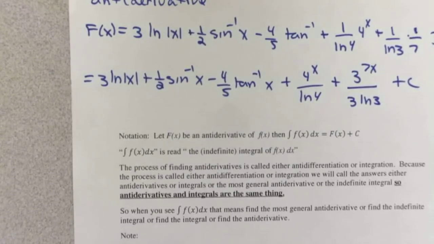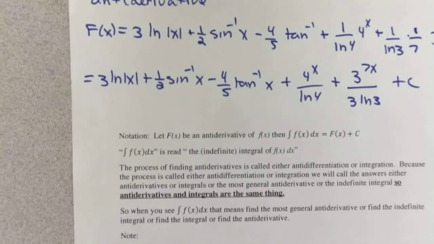The process of finding antiderivatives is either called antidifferentiation or integration. Because the process is called either antidifferentiation or integration, we will call the answers either antiderivatives or integrals, or the most general antiderivative or indefinite integral.